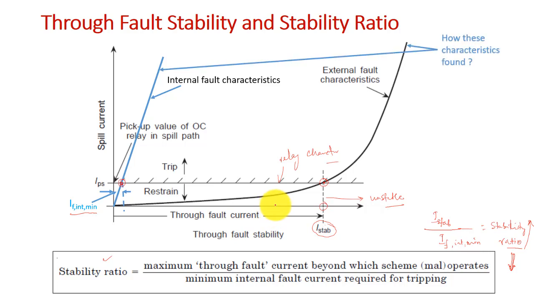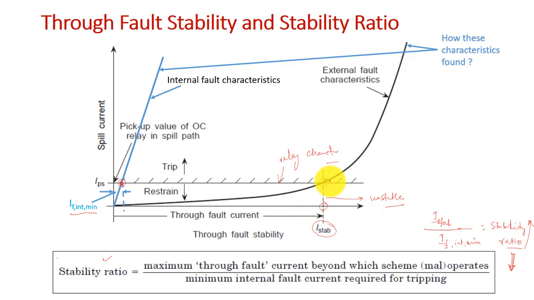So again the question is how these characteristics are found. This is a straight line, and this is an exponential curve, the external fault characteristic. How can we obtain this?